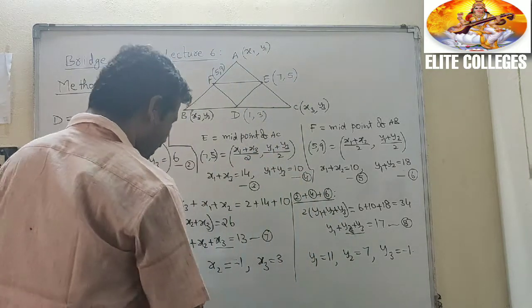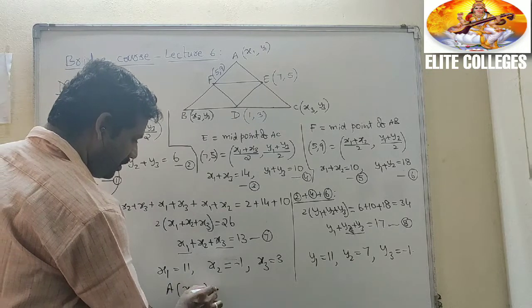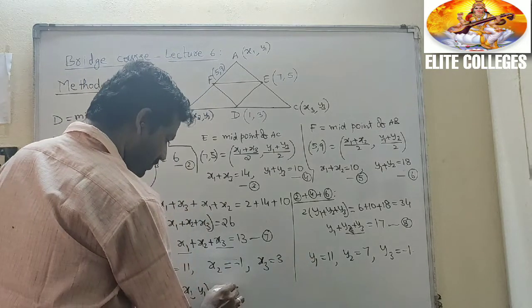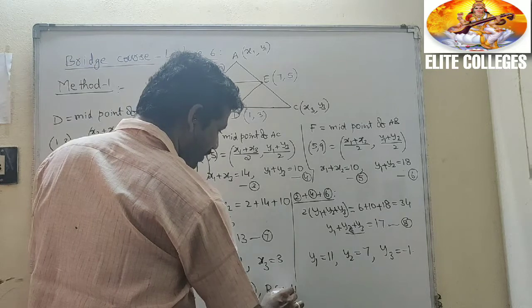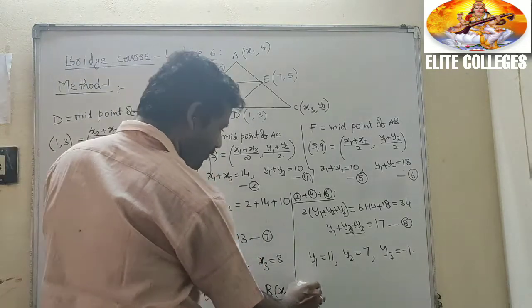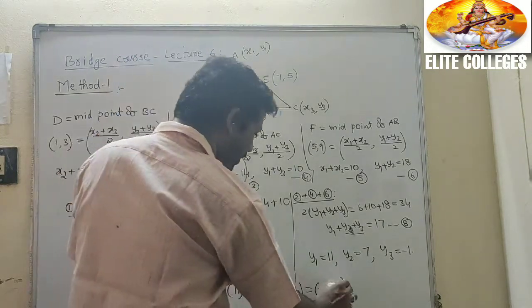Then what is the point A? A point x1 comma y1 equal to 11 comma 11. So that is the first point. And what is the point B? B point x2 y2 equal to minus 1 comma 7. What is the C point?